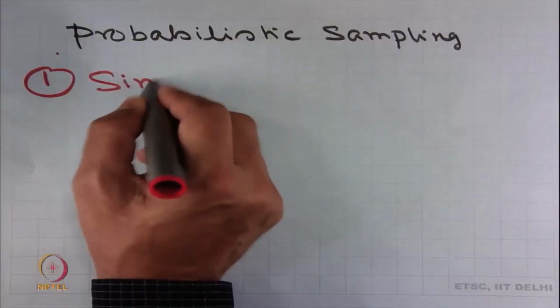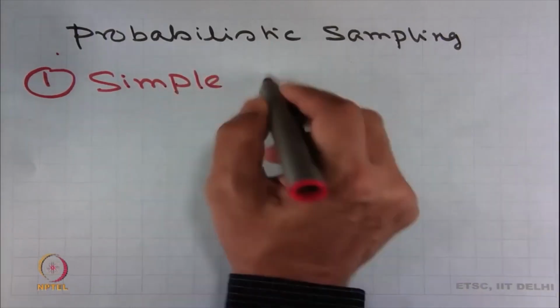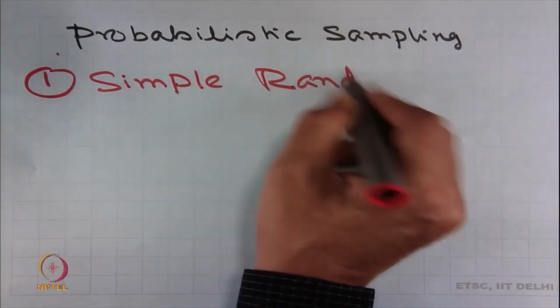The simplest form is simple random sampling.